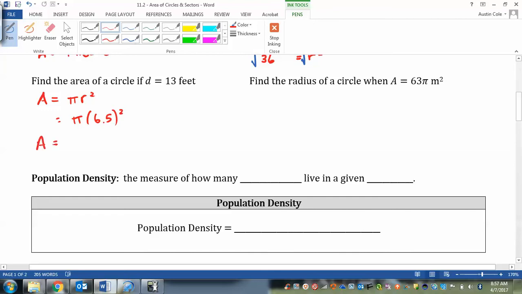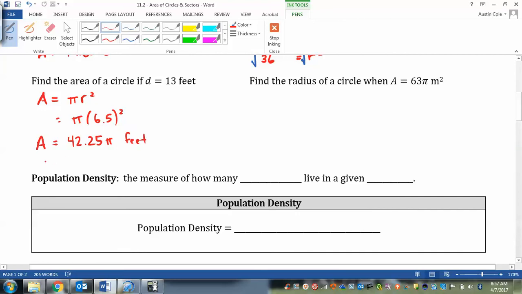And the area, in terms of pi, what is that? 37.25? No, I'm just making that up. What is it? Oh, I was way off. 42.25 pi, that would be our exact answer, feet.